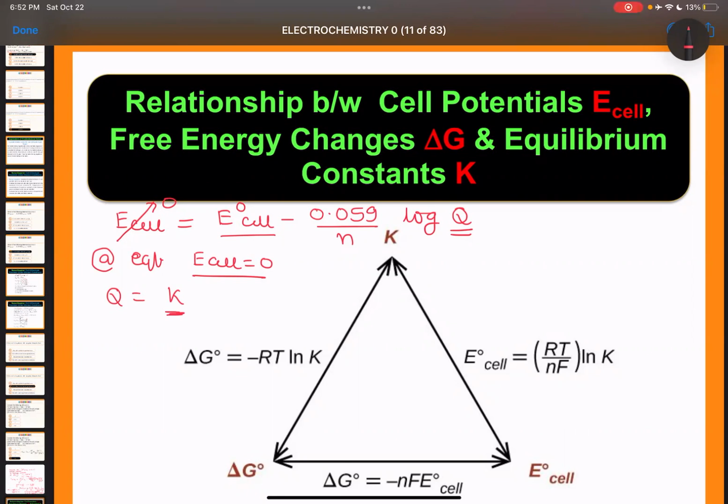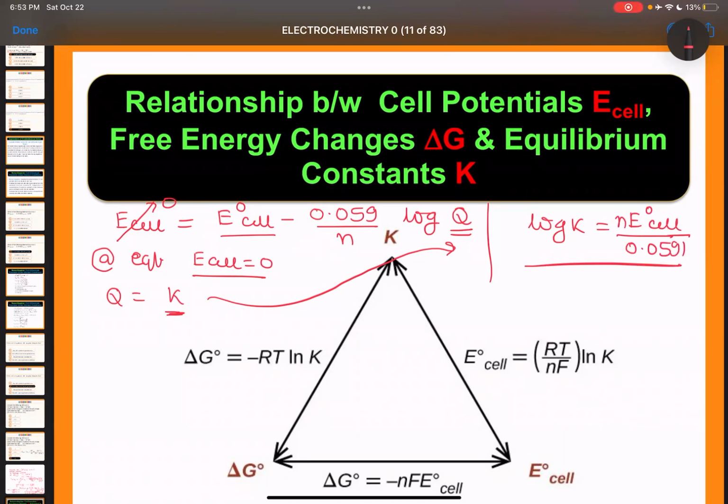So what we can do is write log of K. Zero equals E naught cell into n by 0.0591. Is it clear? Right, that's how we are going to do it.